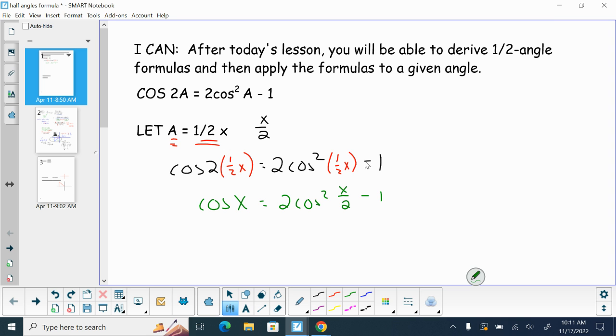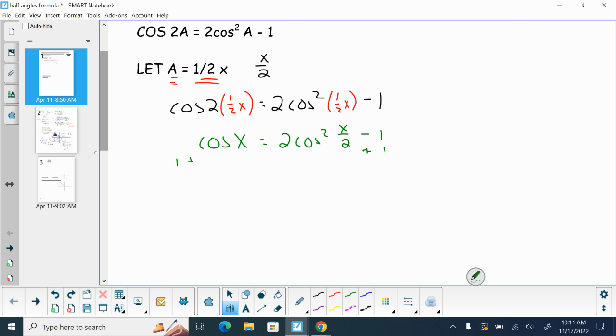Half x, same as x over 2. If we add 1 to both sides, we have 1 plus cosine of x is equal to 2 cosine squared of half x.